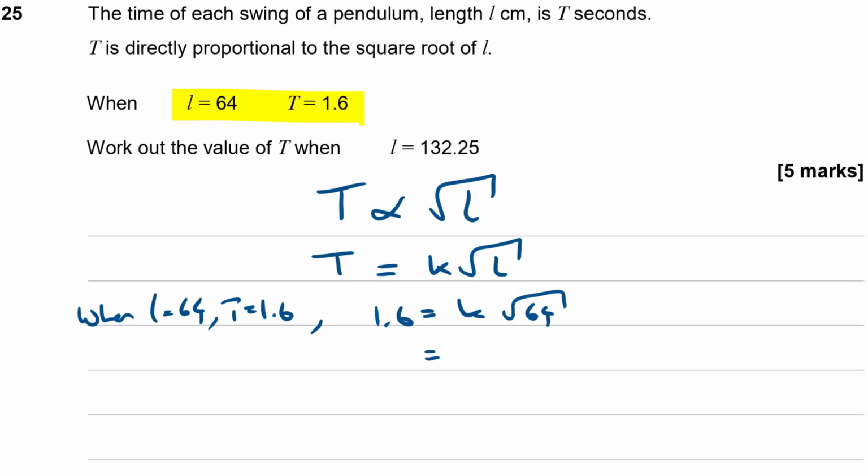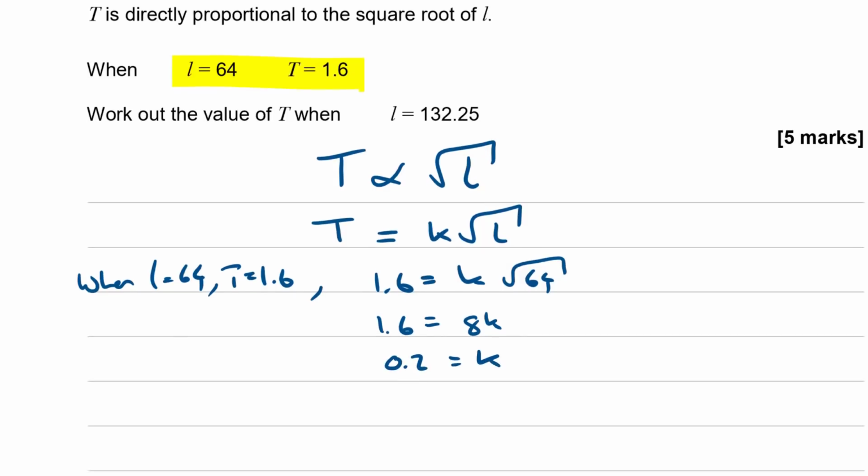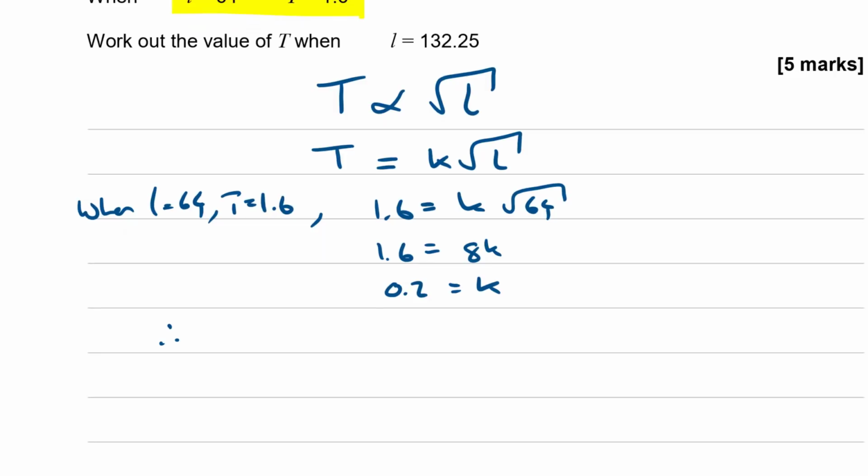So the root of 64 is 8, so 8k is equal to 1.6, and then dividing both sides by 8, we're going to get 0.2 is equal to k. So therefore our complete equation is T is equal to 0.2 lots of root L.